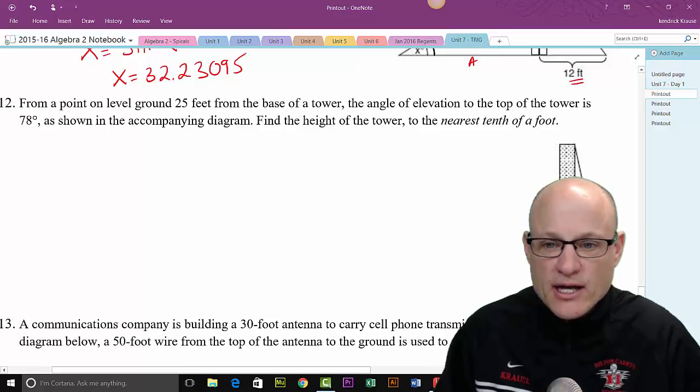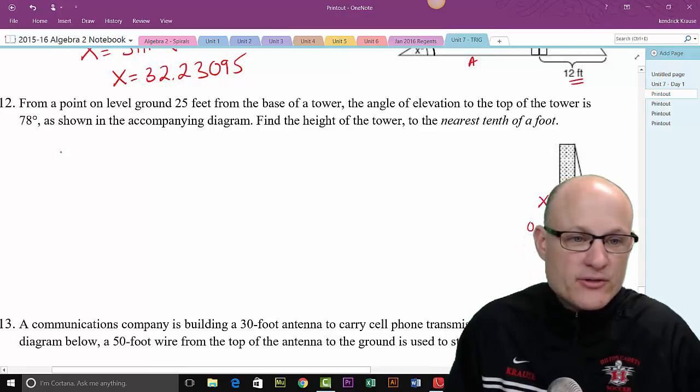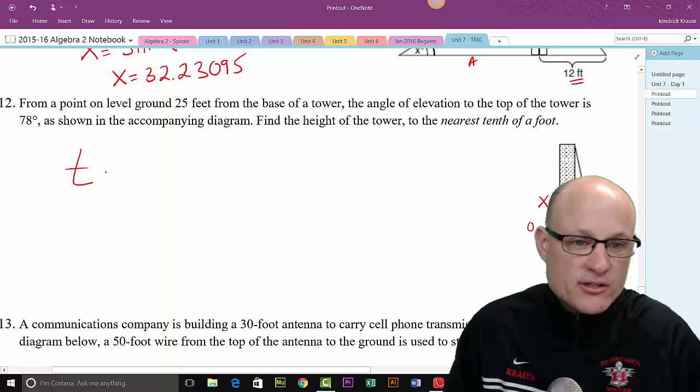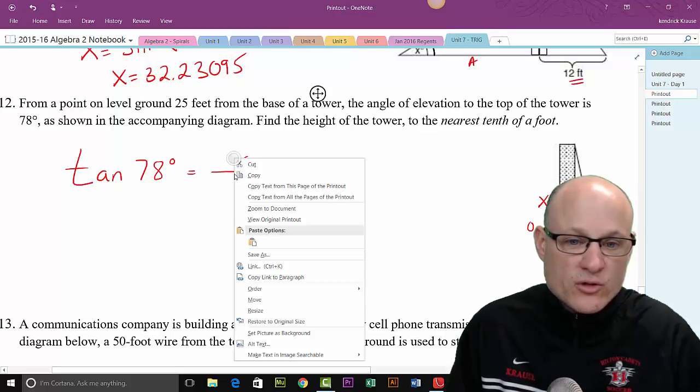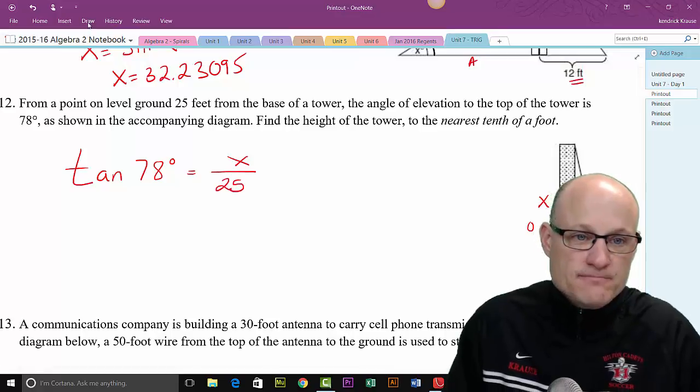Find the height of the tower, X. Opposite, adjacent. Don't care about the hypotenuse. Opposite over adjacent is tangent. So tangent of 78 degrees is equal to opposite, which is X, over adjacent, which is 25.